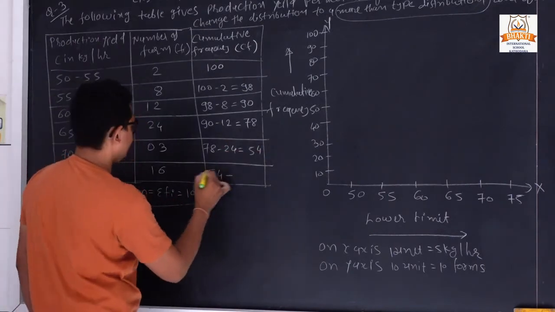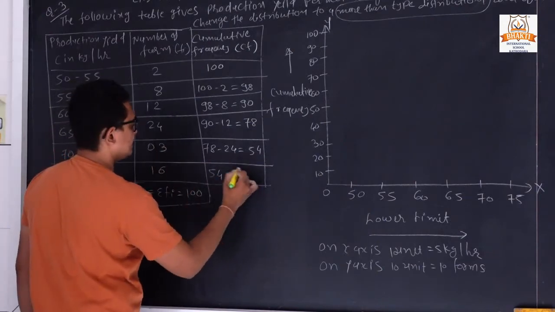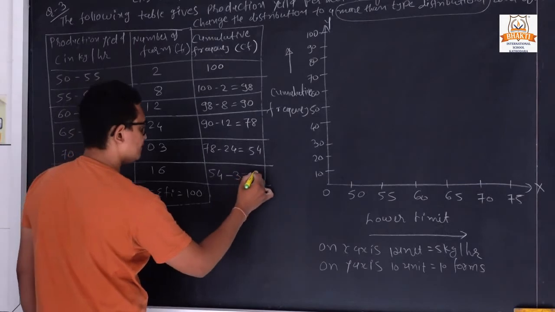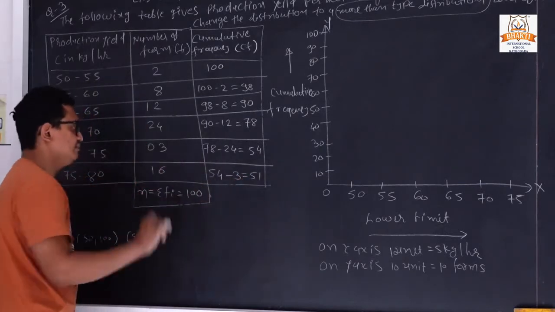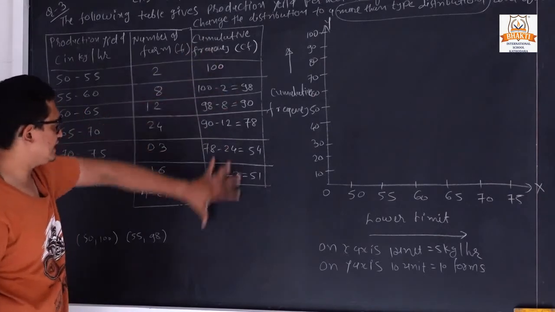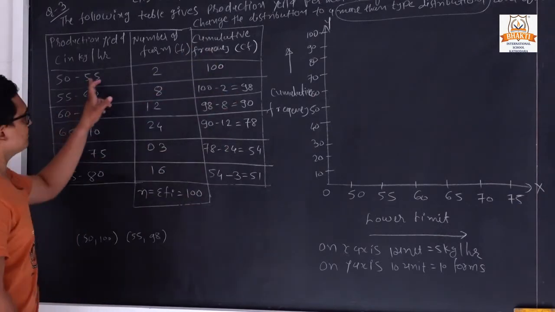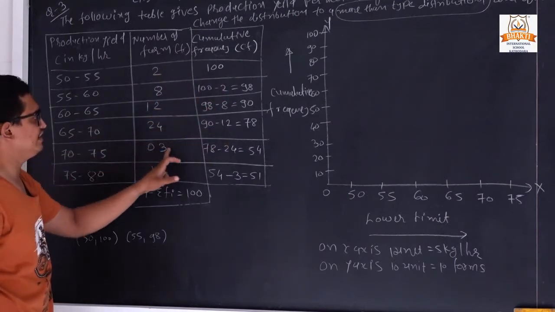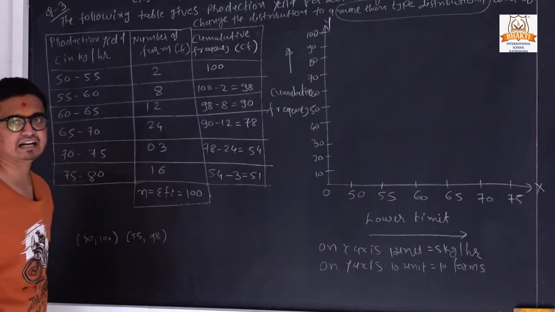Then 54 minus 3, so it is 51, and last 51 minus 16. So we can get all the data like that. Clear? 100, then 98, then 90, 78, 54 and 51.